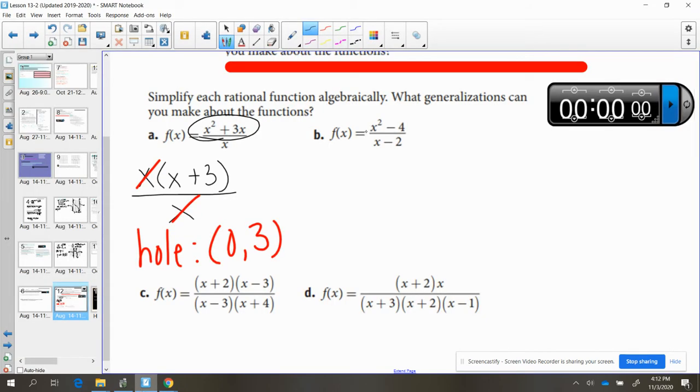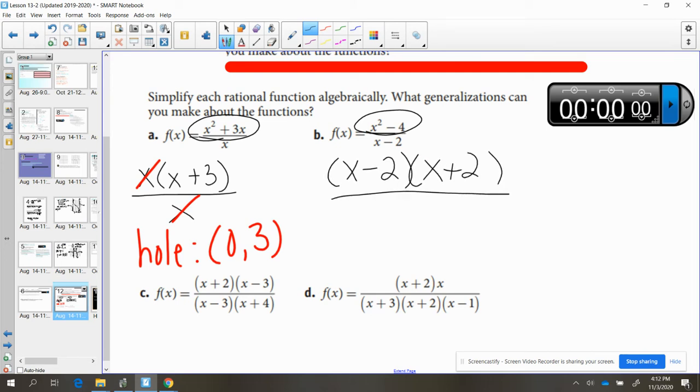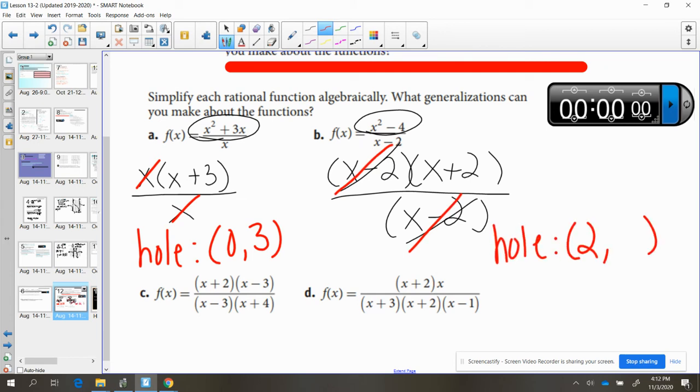And the reason being, if we look at factoring this, we're going to see that the numerator and the denominator cancel out at the value of x equals 2. So this time our hole is going to be at 2 comma something. Now to figure out the y value, you would plug 2 back in here and see that at 2 comma 4 is where that hole would occur.